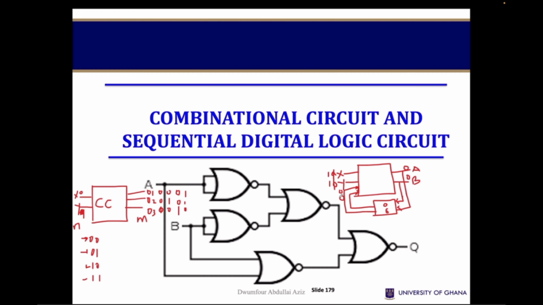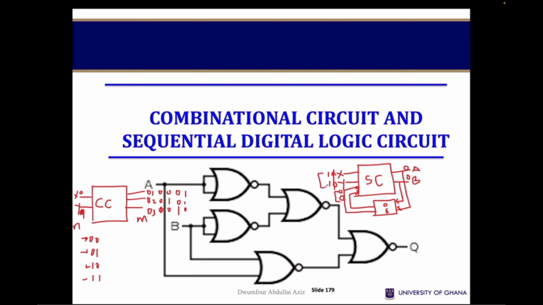In other words, even though this has changed to 1,1, the 0,0 from the previous output is also going to affect how the next output will be generated. So this is a sequential circuit. You can see that at any point in time, the output depends on your current input and your past output, which is this.